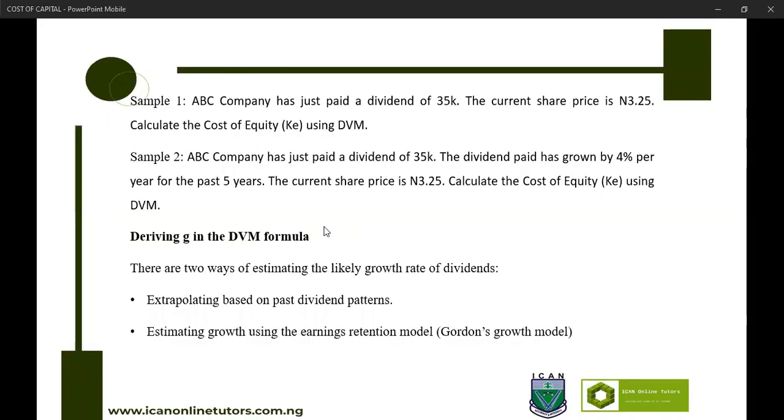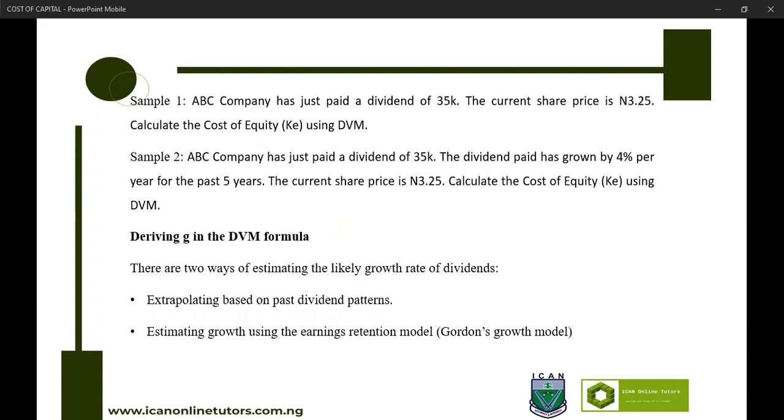Sample 2. ABC company has just paid a dividend of 35 kobo. As we can see from that information, the dividend has been paid, so the market value will not be altered.